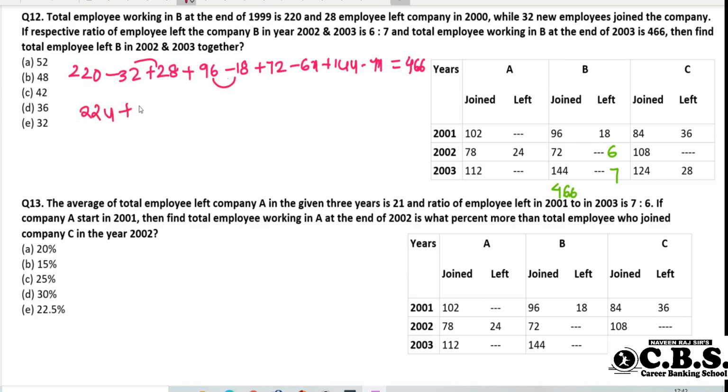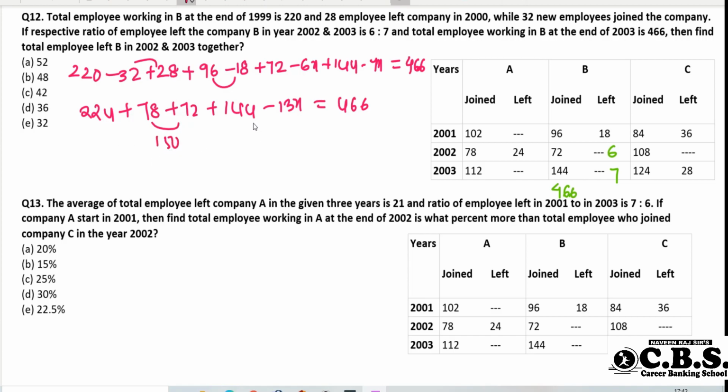96 minus 18 is nothing but what? 78. Okay, 78 plus 72 plus 144 minus 13x is equal to 466. 78 plus 72 is nothing but what? 150.